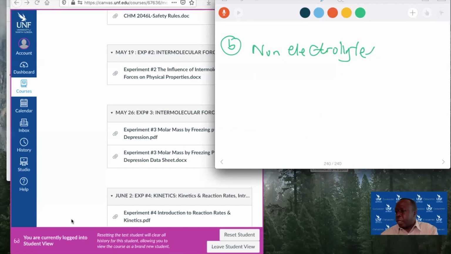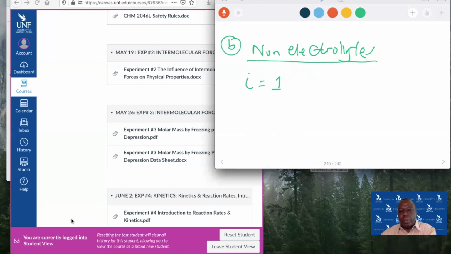Non-electrolytes are those compounds which do not generate ions in H2O, such as sucrose. They do not dissociate in H2O. They do not generate ions when dissolved. For all non-electrolytes, i is always 1.